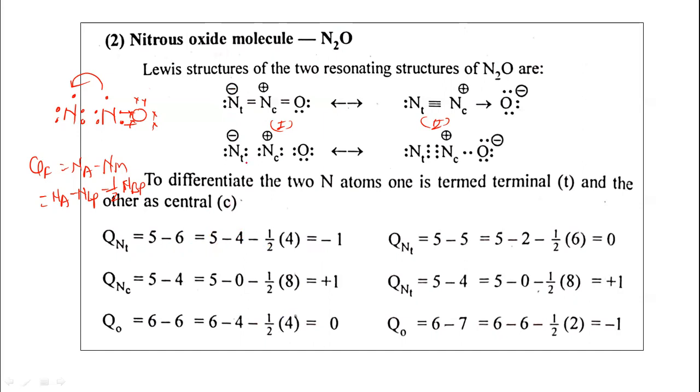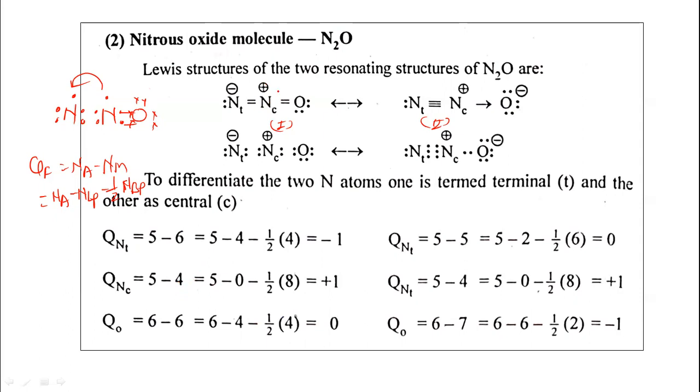Let us see the central nitrogen atom. Na is 5, minus the number of electrons of this nitrogen in this molecule, 1, 2, 3, 4. So 5 minus 4 is equal to 1. The formal charge is 1 here. Or by the other way, Na is 5, minus the number of lone pair electrons.